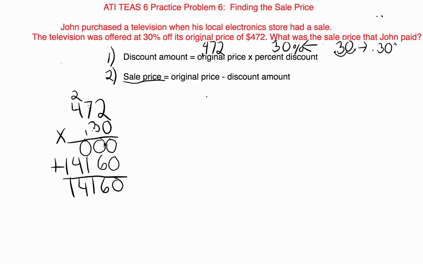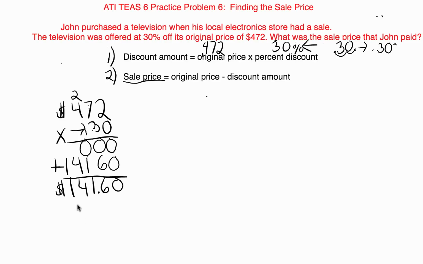And finally, in any decimal multiplication problem, we will find out how many numbers come after the decimal in the original problem. In this case, there's 2, 3, and 0. So our final answer will have 2 numbers after the decimal. So in this case, our final answer will be $141.60.